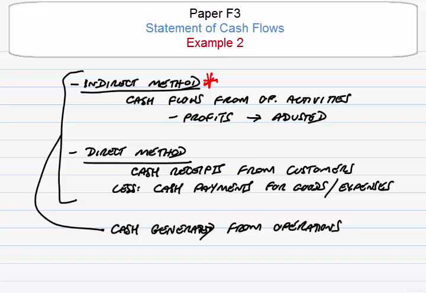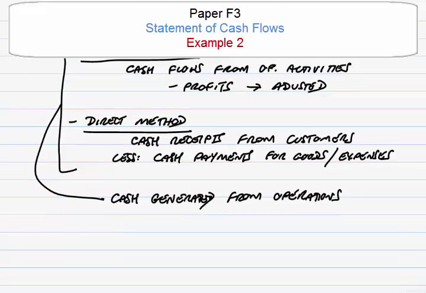There's information about depreciation, bad debts, irrecoverable debts, employment costs, and information about disposing of an asset. And we're going to work out the cash generated from operations using A, the indirect method, and B, the direct.